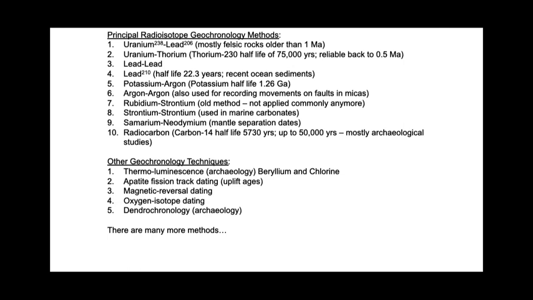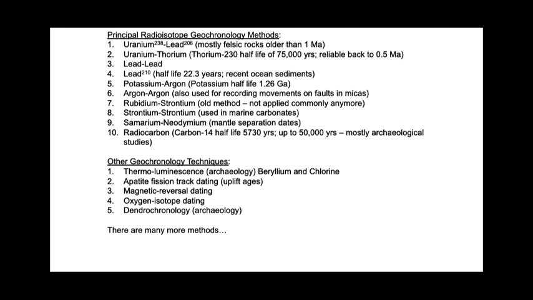So radiocarbon is the one, of course, used mostly with archaeology. But the other techniques that people use, and this is more common recently, we can use beryllium and chlorine. You can take quartz grains and find out when they were last exposed to sunshine, essentially, with that sort of technique. It's called thermoluminescence. It's used in archaeology. It's used in Pleistocene age dates for sediments as well.